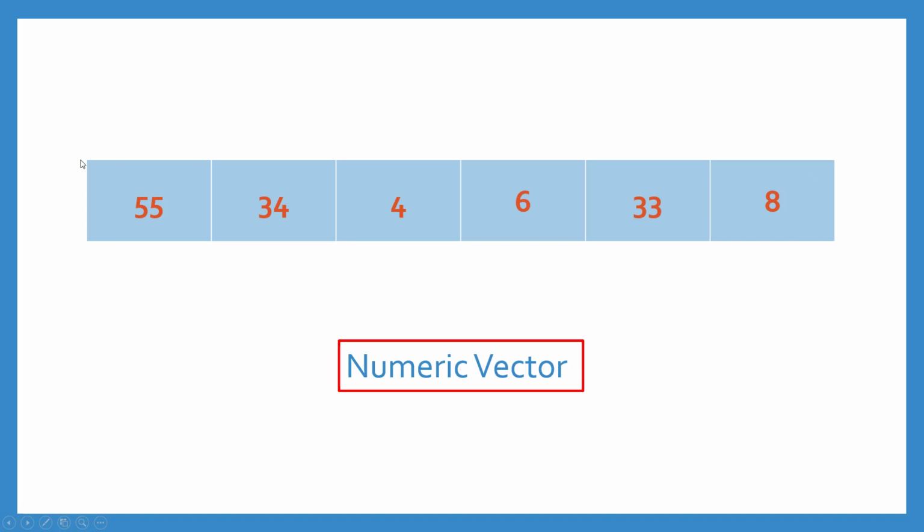In this case, this is a numeric vector because it contains all numeric observations, and each observation would have an index number to access that observation. So in this case, this 55 is stored in, say, index 1, and 34 is stored in index 2. So this is the numbering of different data points in a vector.